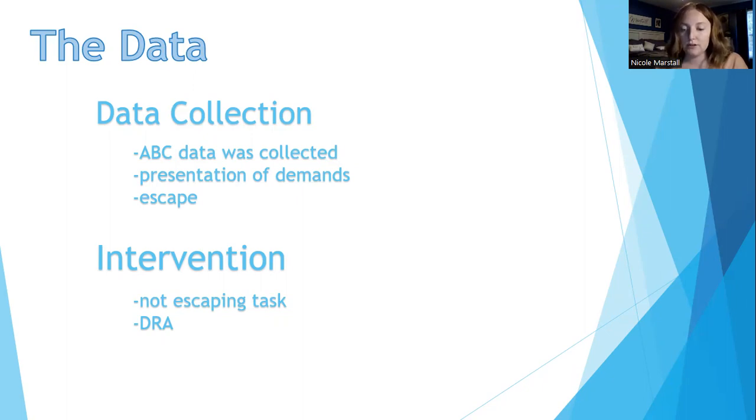A differential reinforcement of alternative behavior procedure was also implemented. Rather than disrobing shoes after the presentation of a new or difficult task, the client could be reinforced for engaging in an appropriate behavior. Appropriate behaviors included stating, "This is hard, I need help," or "I need a break."